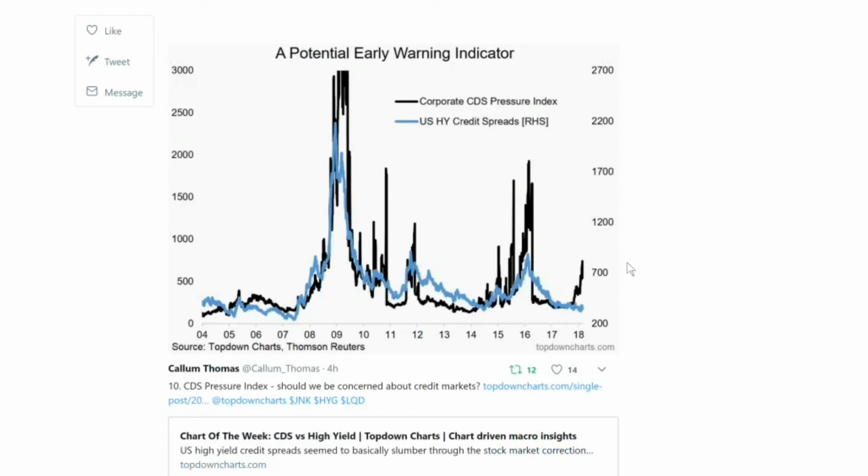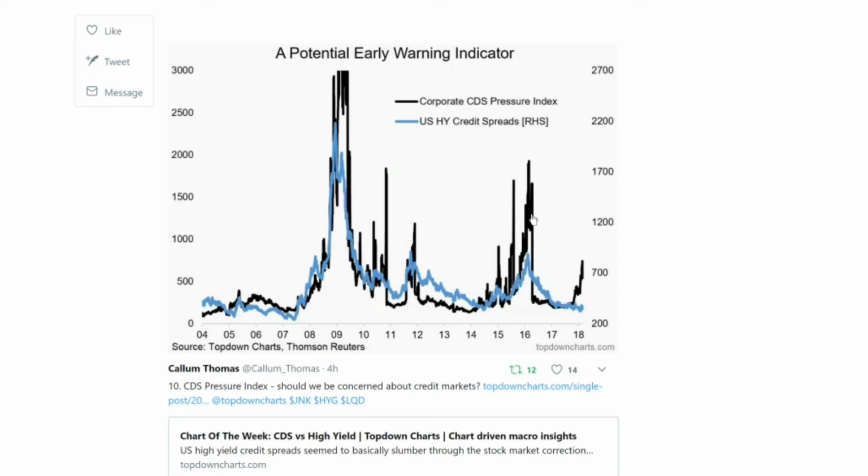And the final one flagged here is the corporate CDS pressure index. That index looks across 17 different corporate CDS sector indexes from Thomson Reuters, and pretty much what it does is overweight or accentuate any incidence of spread widening in a particular sector or group of sectors.